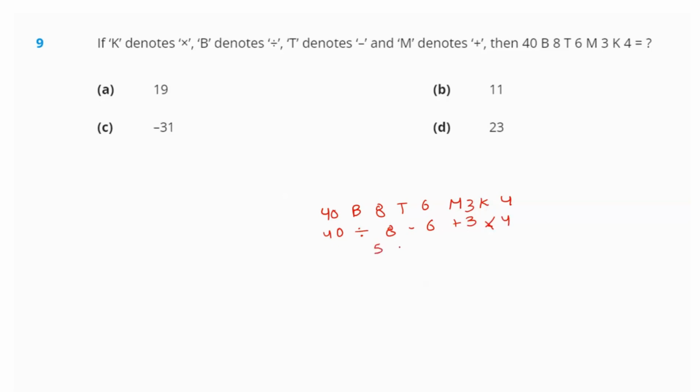This will be 5 minus 6 plus 3 multiplied by 4. We are following the BODMAS rule here. Now it will be 5 minus 6 plus 12. It will give you the answer 11. So answer B is a correct answer. Moving on to the next question.